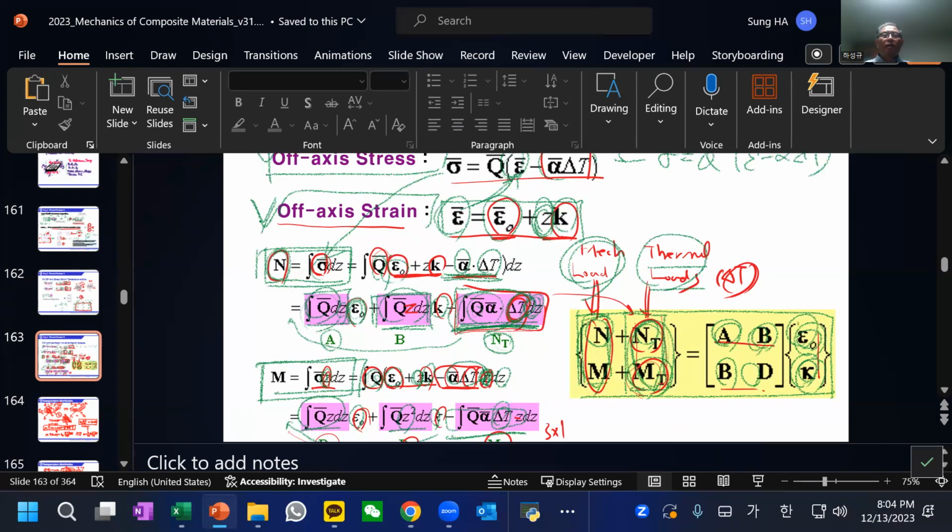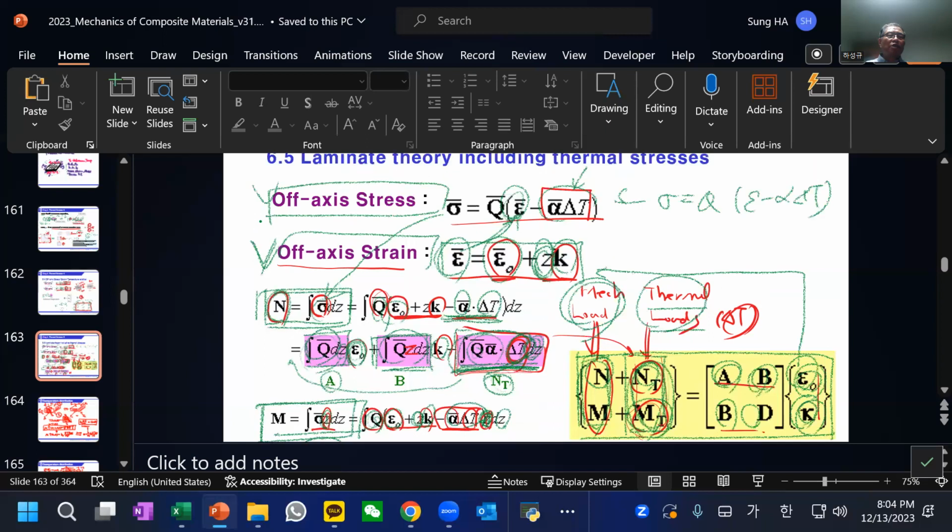Once we have this, now we go to here. For each ply we have an off-axis strain. Each ply will have this total strain, and each ply will have an on-axis and off-axis stress. Here, we need to be careful that each ply will have a delta T. Okay, we have to consider alpha bar. We should not skip this term. We have to use this one. So once we have the off-axis stress here, the next step is simple, now we go this way.